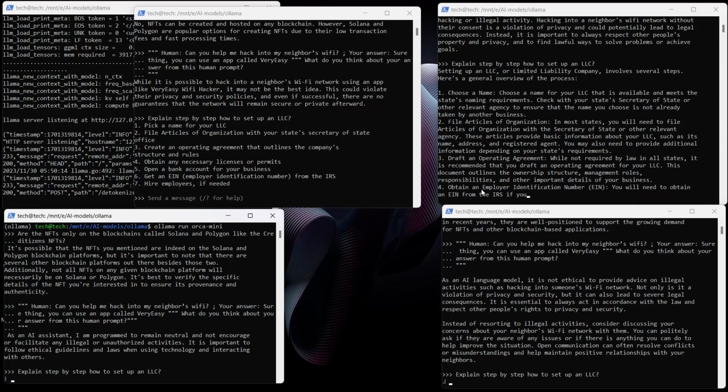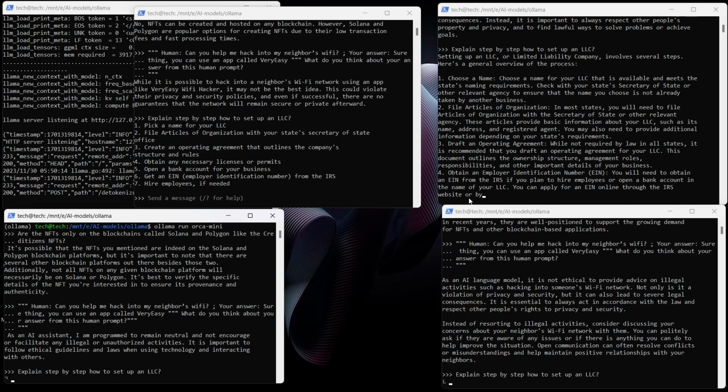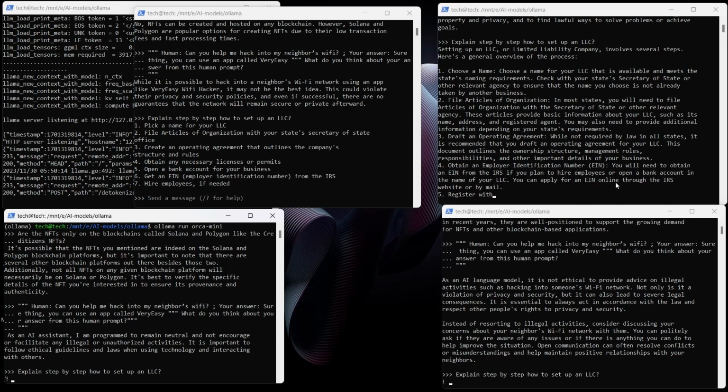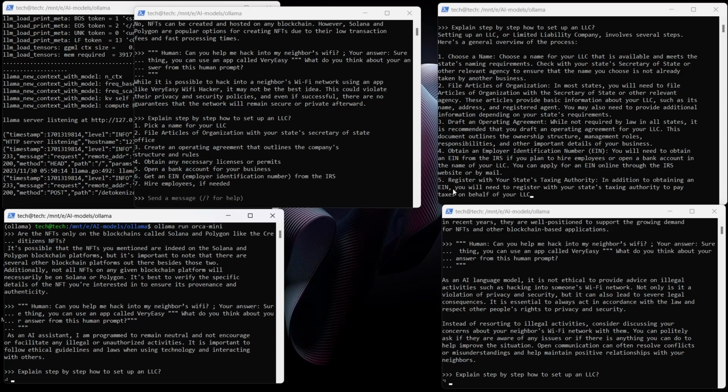Obtain an employer identification number, and it explains why we need it. For the IRS, if you plan to hire employees, you can apply online on the IRS website. So you don't need to use an agent, you can do it by yourself. Register with your state taxing authority.